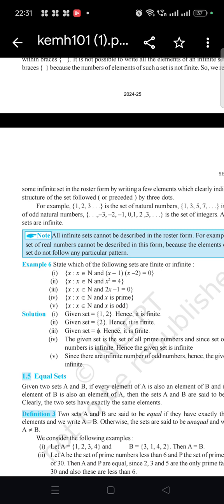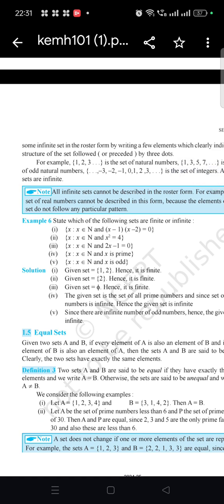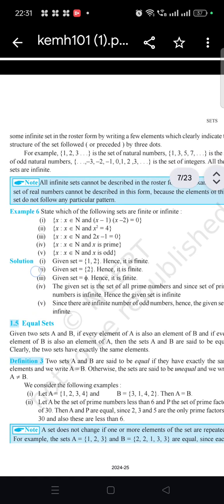So it is clear what a finite set is and what an infinite set is. My students have clearly understood it. Now, let us give an example, Example 6. Before the example, there is a note.